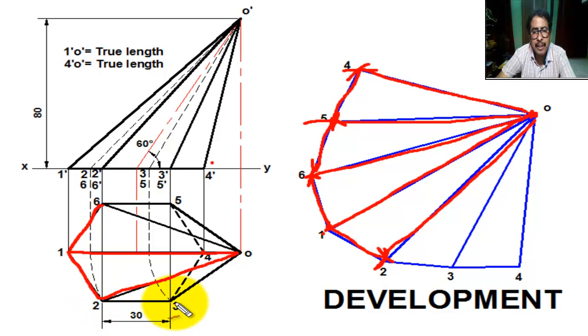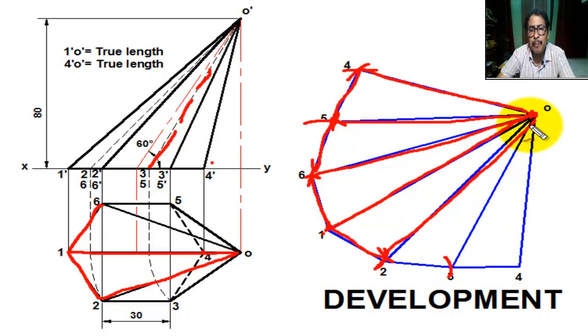Next 2, 3 is 30 millimeter. With pencil compass draw an arc. Next, O dash 3 dash is the true length.